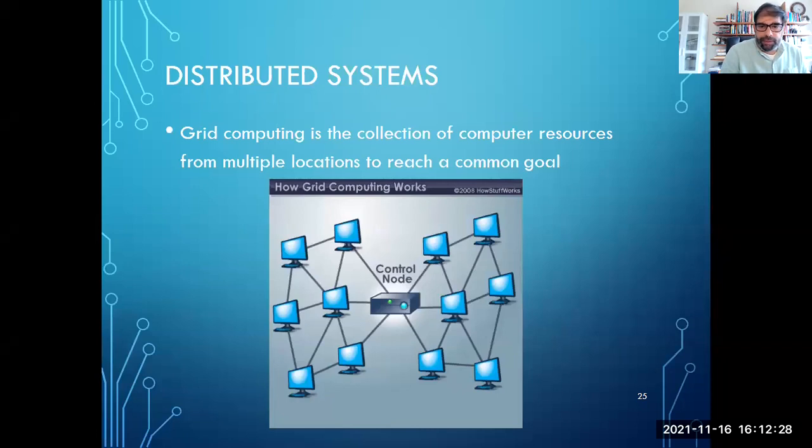For example, grid computing. Grid computing is slightly different from cluster computing, although it's also distributed. The control over the computers connected into the grid is not as sophisticated as that of a clustered system.